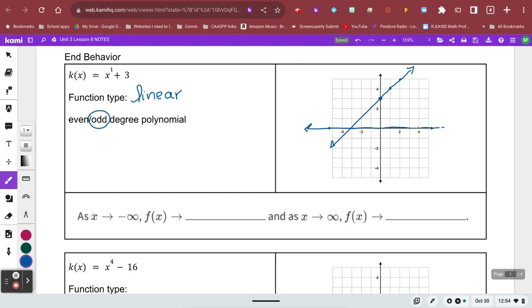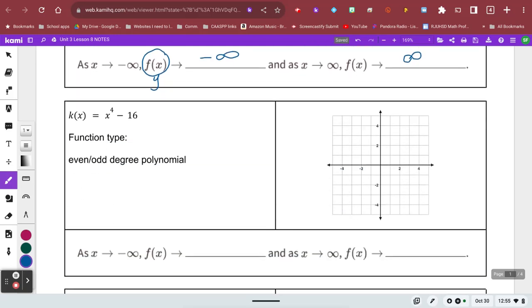We can notice our graph is going down to the negative side. So we're going to go negative infinity. These are the y values. And as x is going towards infinity, as our graph goes up, our y's are also going to go towards infinity.